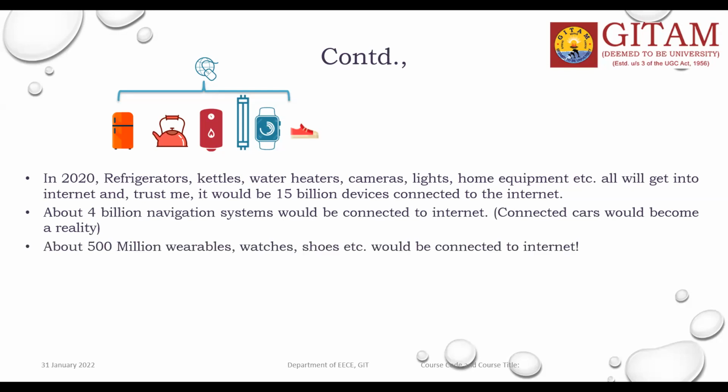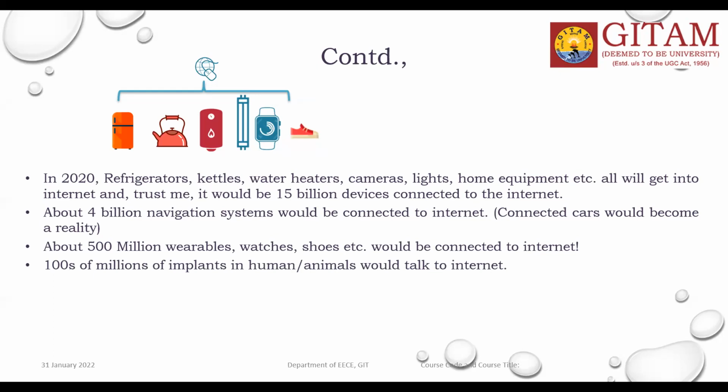About 500 million wearables, like your watches and smart shoes, and all the equipment. The count of devices connected with the internet has exponentially risen. Hundreds of millions of implants in humans and animals would talk to the internet.